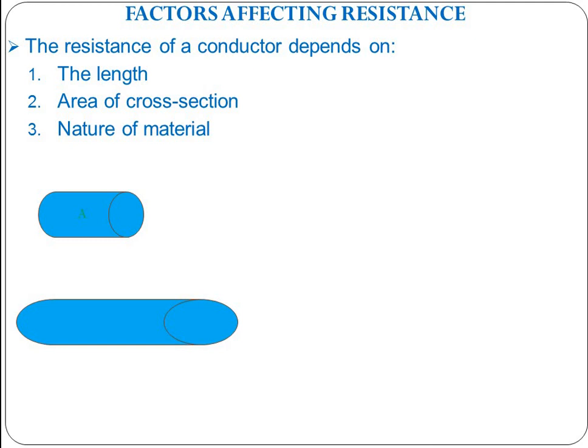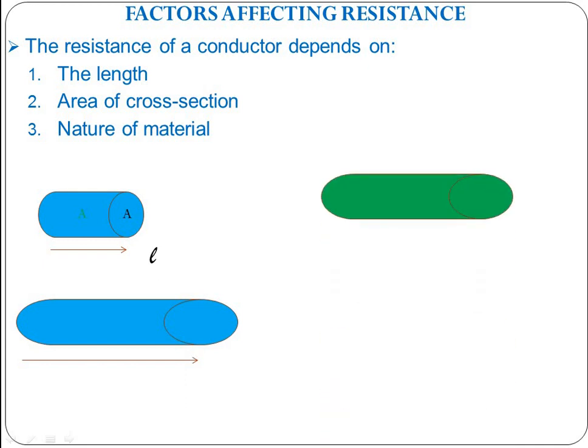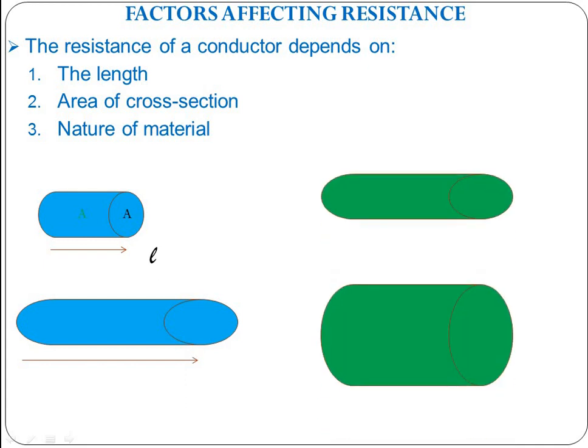Similarly, the area of cross section, or the thickness of the wire, also affects the resistance of a conductor. Length of the wire has a direct effect. That means the longer the wire, the more the resistance. Unlike the area of cross section, which means a thicker wire will offer less resistance as compared to a thinner wire.